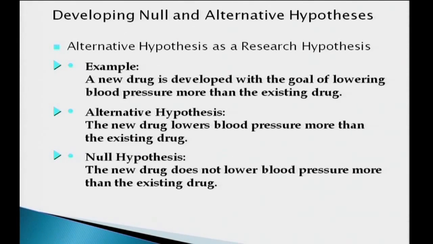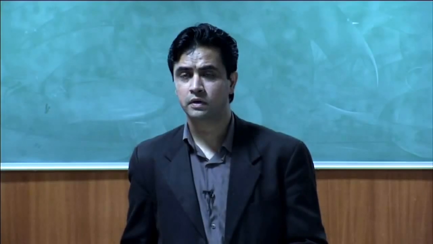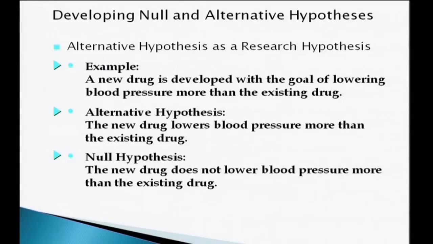One more quick example here, because this is quite important: how do you define the null and alternative hypothesis? Sometimes even after passing through a postgraduate program in quantitative techniques, people still miss correctly defining the null hypothesis and the alternative hypothesis. This example says a new drug is developed with the goal of lowering blood pressure more than the existing drug.